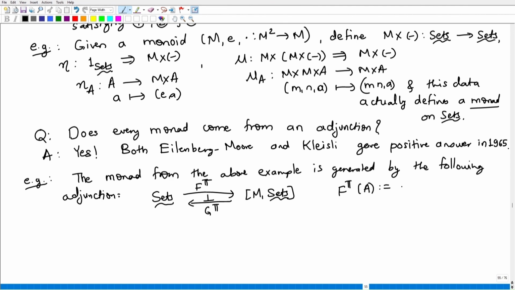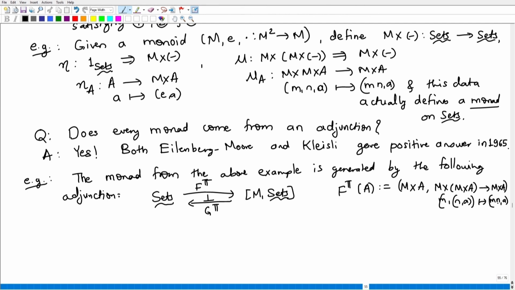It takes M cross A as the set, and then I have to give you the action of M on M cross A. So M cross A to M cross A.